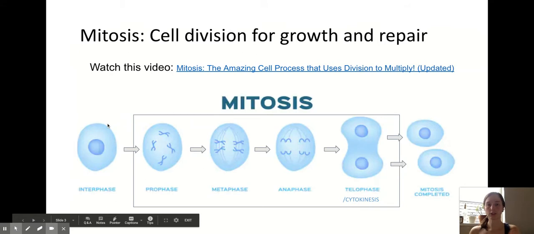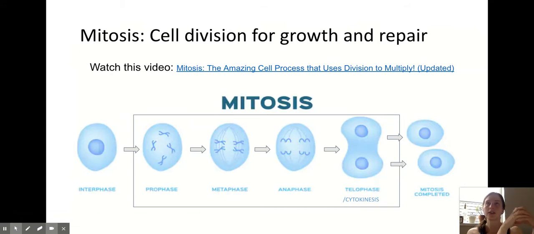In interphase, your DNA is in this form called chromatin, where it's kind of just like this ball of spaghetti in your nucleus. So that's really good because when we read DNA, like when the genes are being read, you kind of have to have it spread out, right?